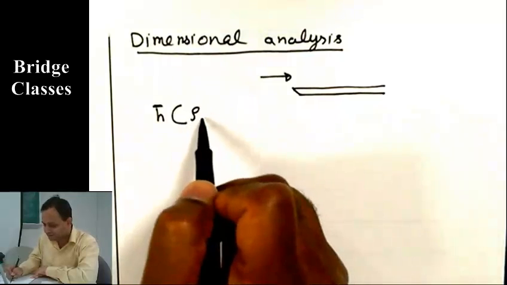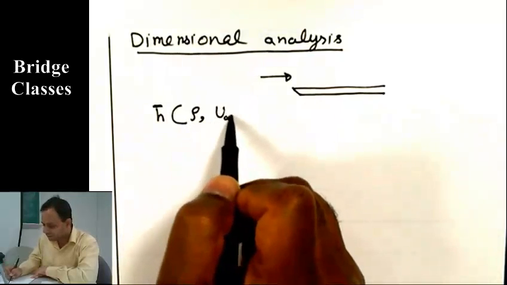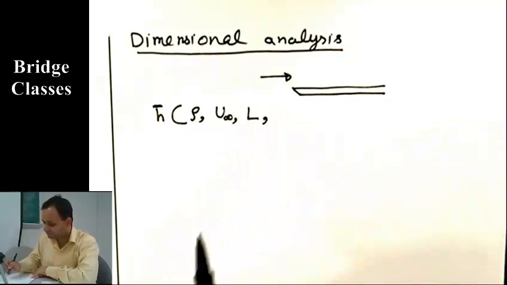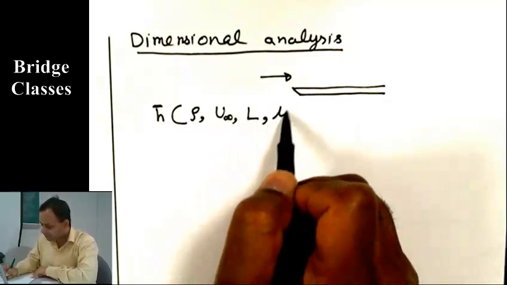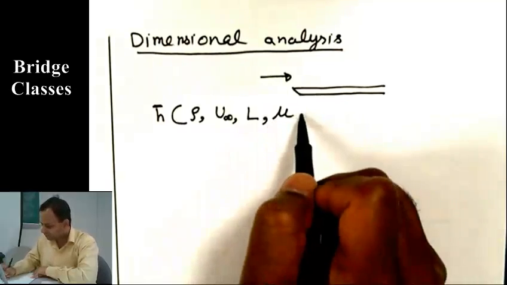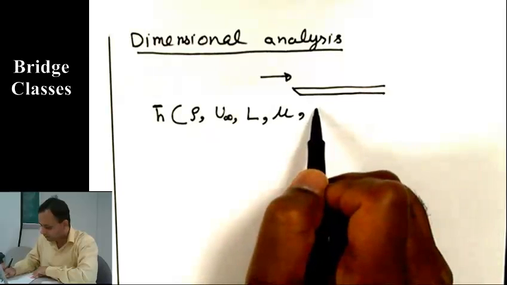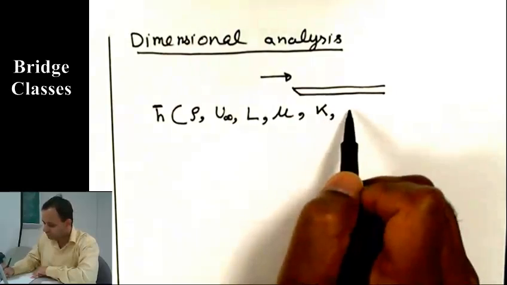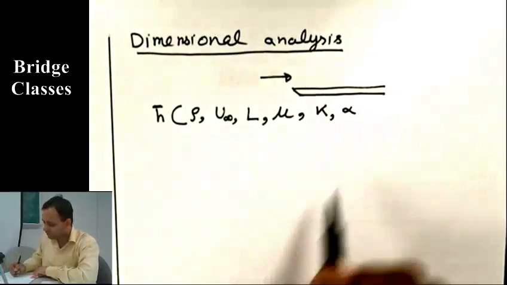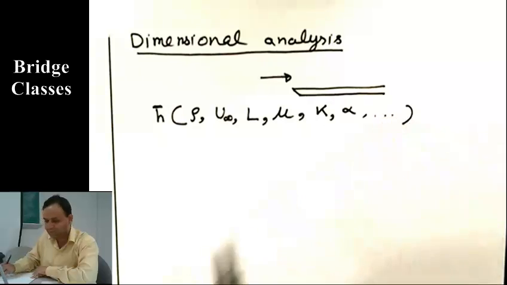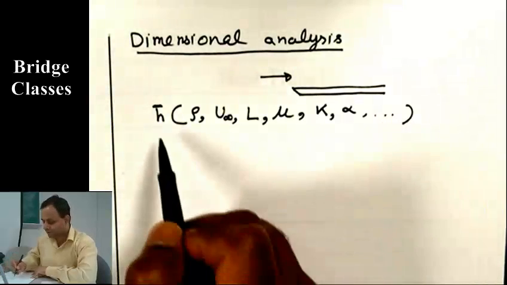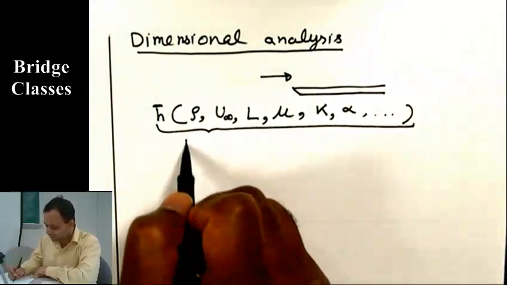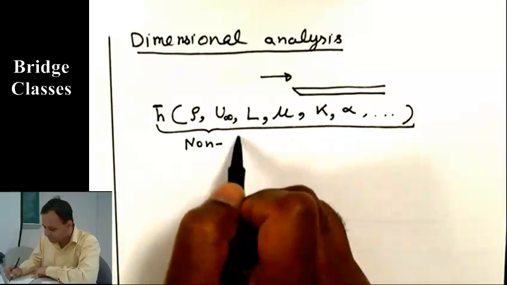Like density, velocity of fluid, the length of the plate, dynamic viscosity, thermal conductivity of the fluid, thermal diffusivity of the fluid. So we list all the parameters. That is one option, and based on this we can come up with the non-dimensional parameters.